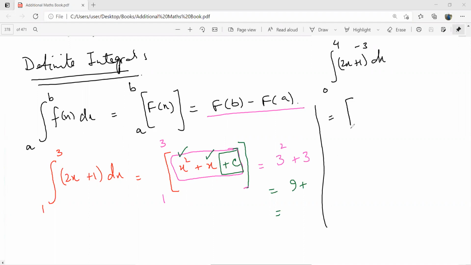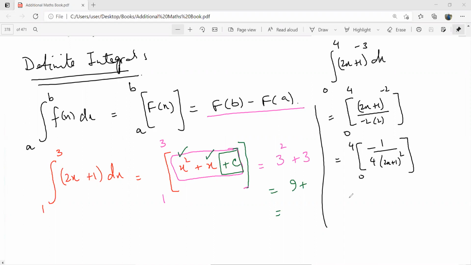So this is limit from 0 to 4, and its integral here would be 2x plus 1 raised to power minus 2 over minus 2 into 2. Okay, a bit of simplification before we apply the limits to it. That is minus 1 over 4 into 2x plus 1 whole square.